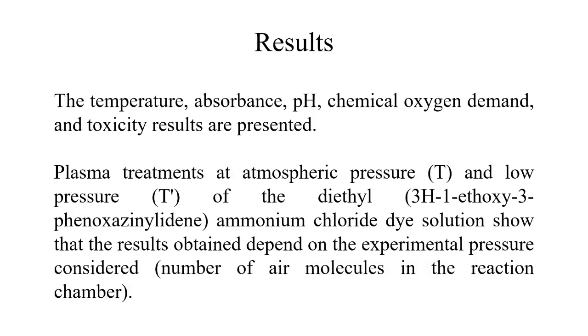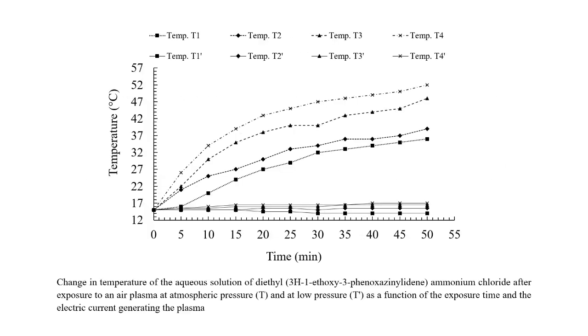Plasma treatments of the dye solution at atmospheric pressure and low pressure show that the results obtained depend on the experimental pressure considered, that is, the number of air molecules in the reaction chamber. Exposure of the solution to plasma at low pressure shows a temperature change behavior dependent on the generating power of the plasma, as well as on the number of air molecules present in each treatment. The reduction of air molecules in the reaction chamber induces a decrease in the temperature of the steady solution.